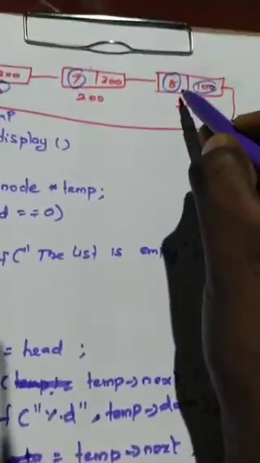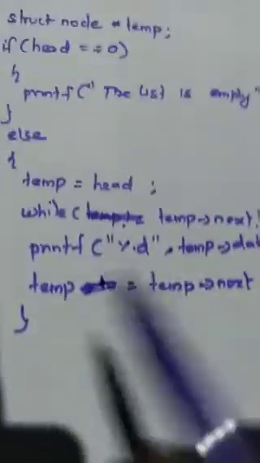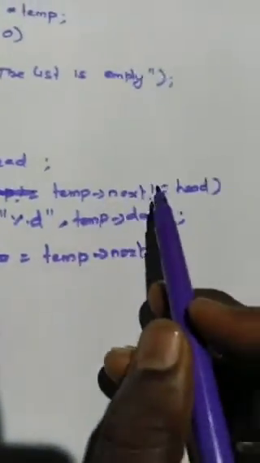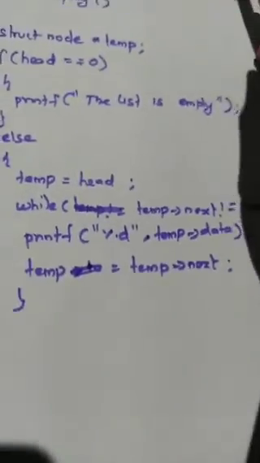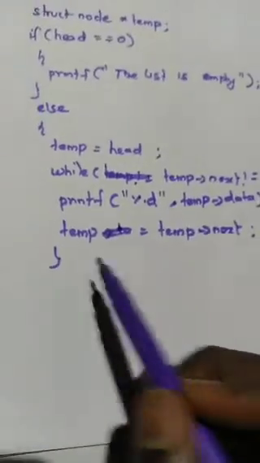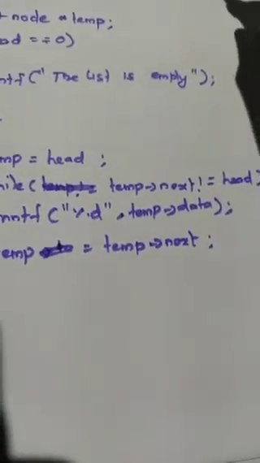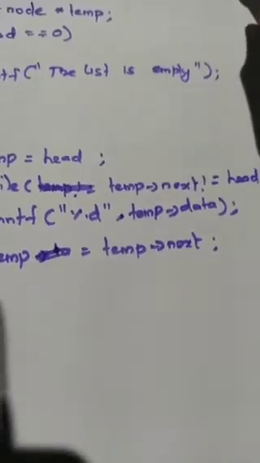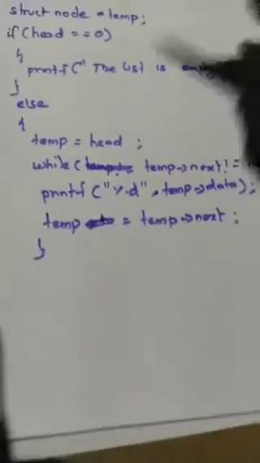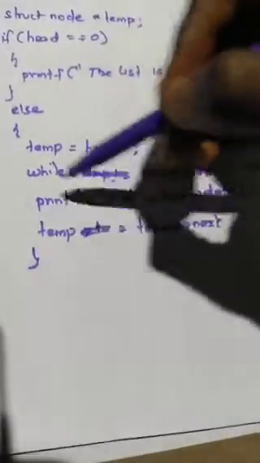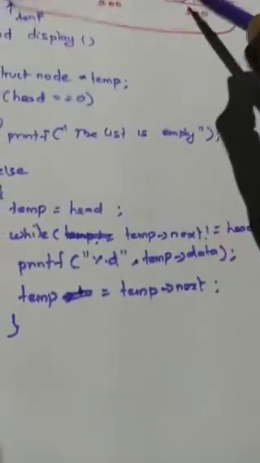Now when I am trying to print 8, the condition will check while temp next is equal to head. Yes, so the process will come out of the loop. It will not print 8 because the temp next value is equal to head, so I can't print this data, right?